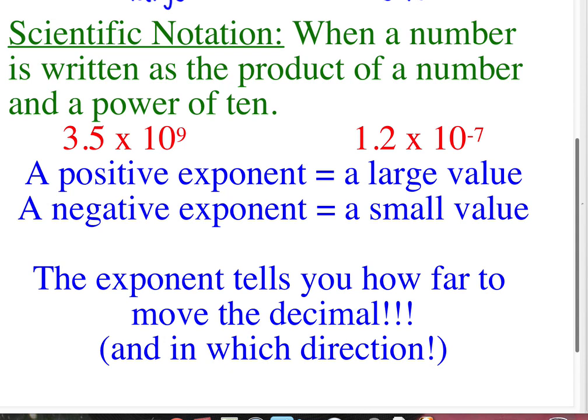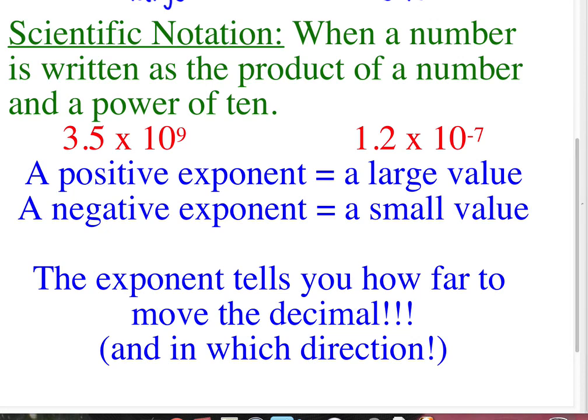So if we're looking at scientific notation numbers, as we are right now on this screen, and I gave you the task of turning them back into standard form, the quote normal way that we write numbers, the exponent on the 10 tells you how many jumps that decimal is going to take, and it tells you if the decimal is going to be jumping to the right or to the left.